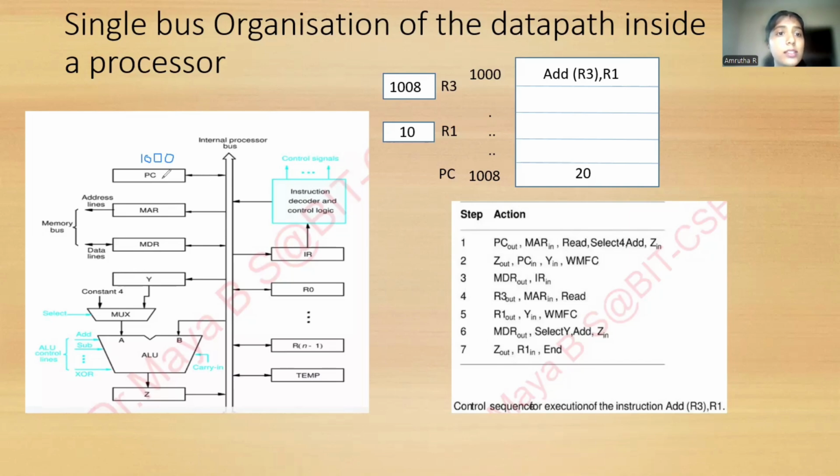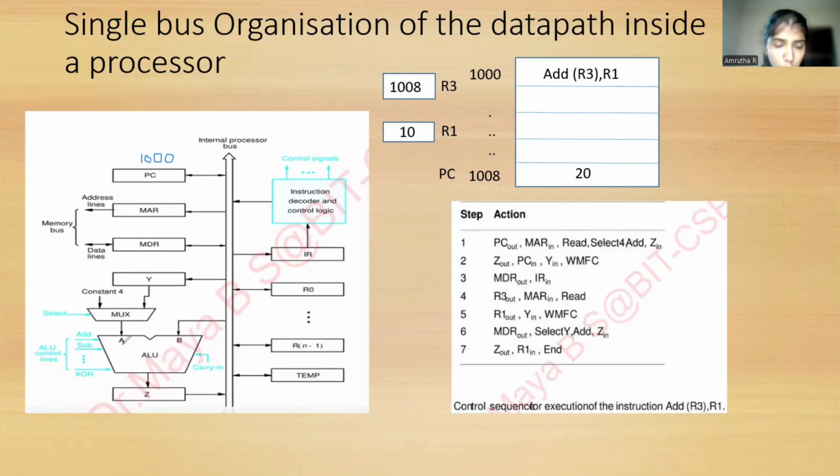Now once this instruction has been passed to MDR, the content of the PC has to be updated to the next instruction. For that, whatever the current address was in the PC is given to the B input. Then we have select 4, which means the multiplexer is selecting 4 as the input, and that is given to A. Now the ALU has A and B as inputs.